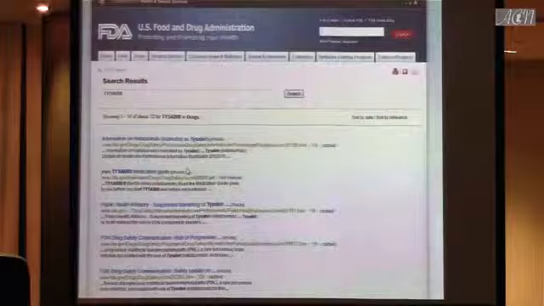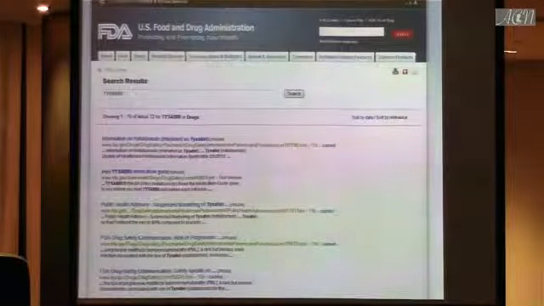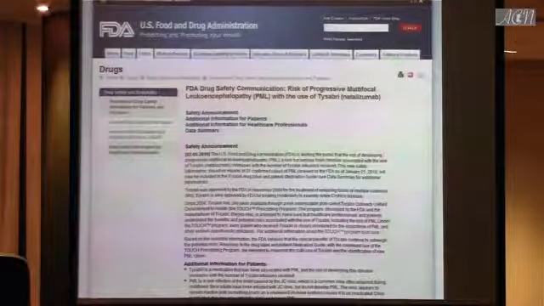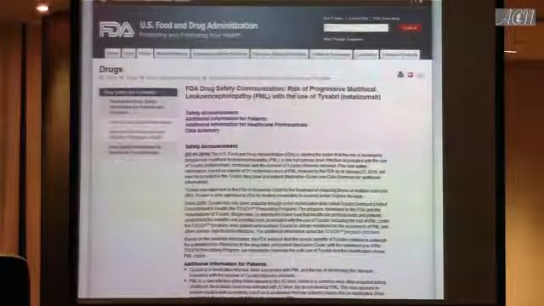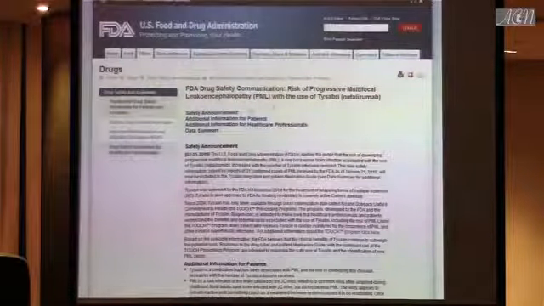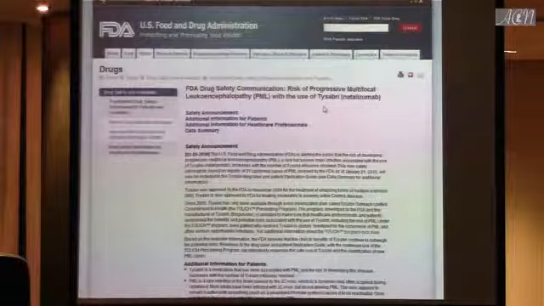Even the safety and the medication guide, when they reviewed its problems and what the problem related to Tysabri was. For example, if you push on the FDA drug safety communication, this is one of the biggest problems, with an established risk of progressive multifocal leukoencephalopathy with the use of natalizumab.